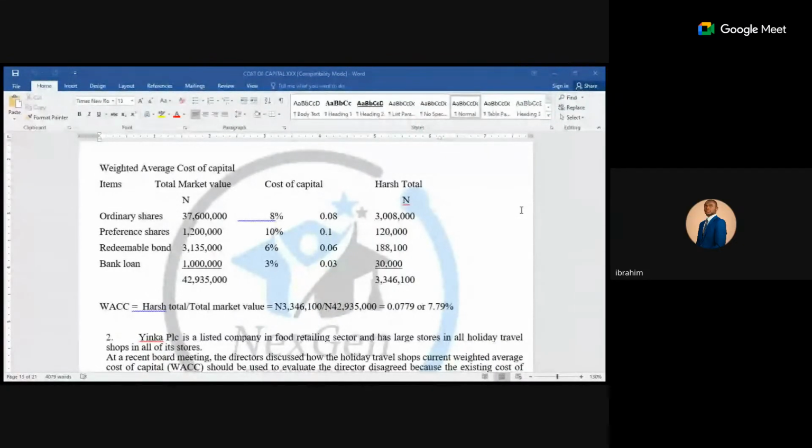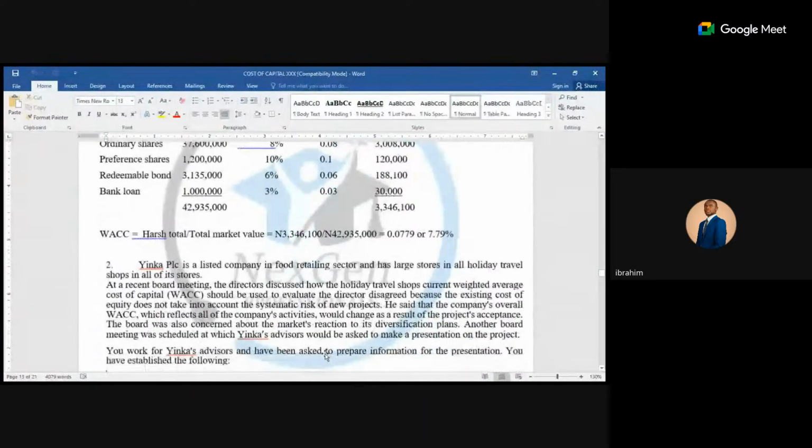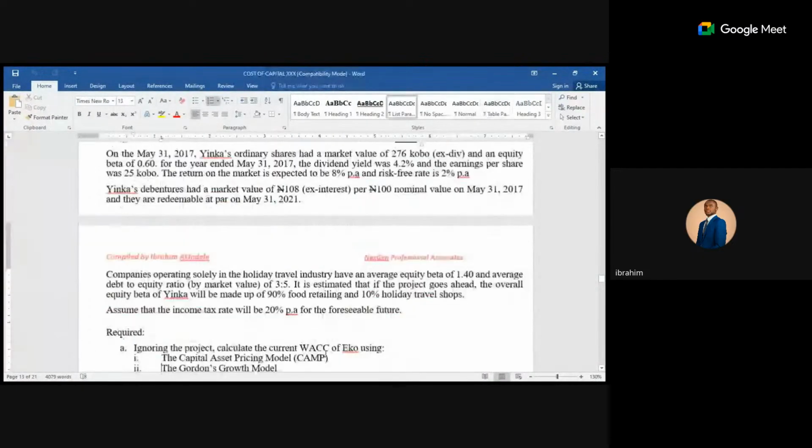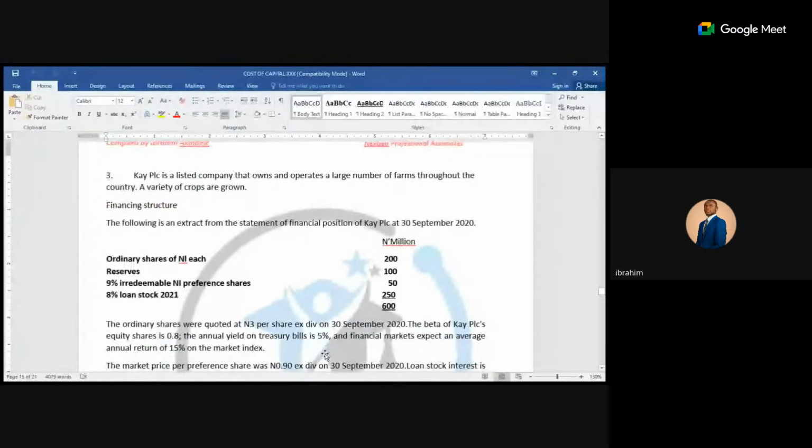Now, one of the questions that ICAN tested last diet was that particular question on KPLC. I just saw it somewhere, and I was like, okay, this question is somehow technical because most students may not know how to determine the cost of redeemable debt.